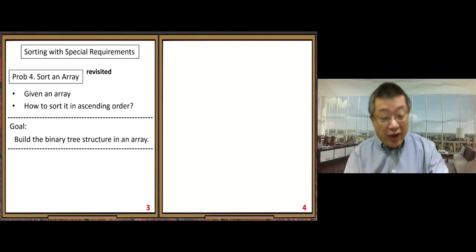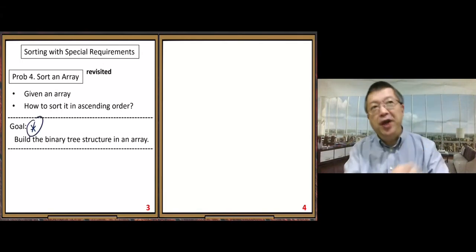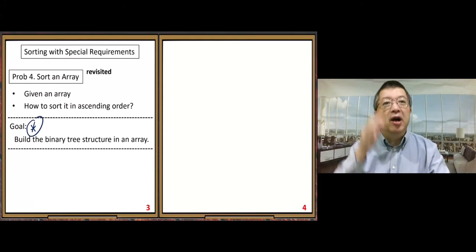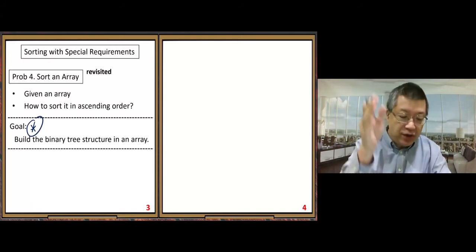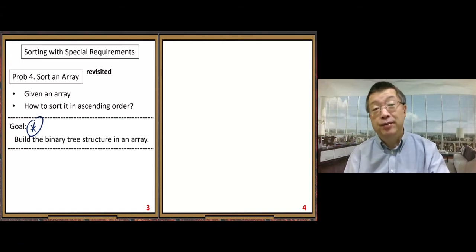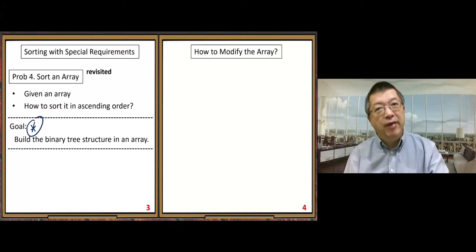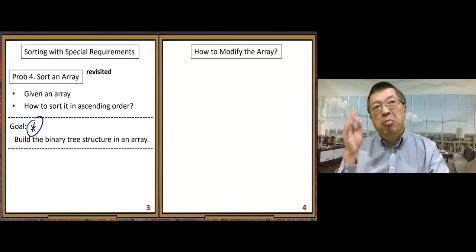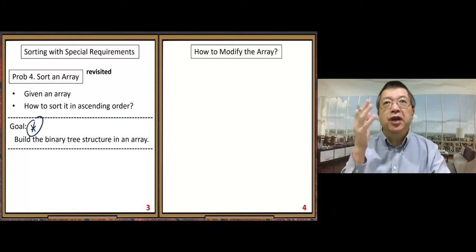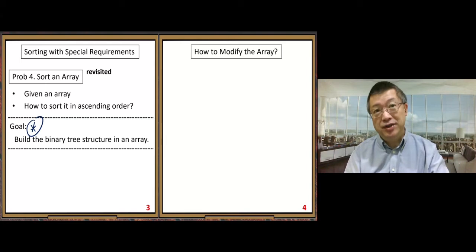So this time we need to do something useful here. How to modify the array to store a binary tree structure in a given array? That's an interesting question.